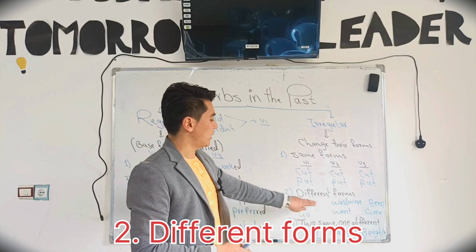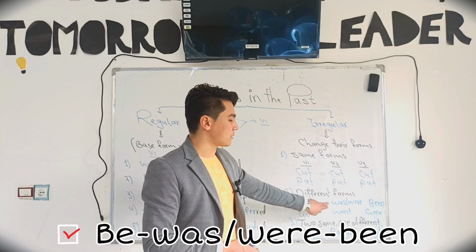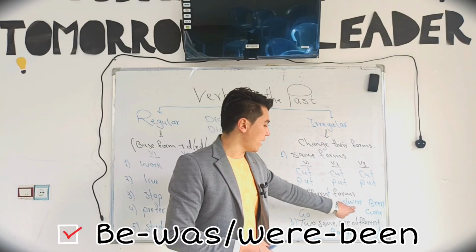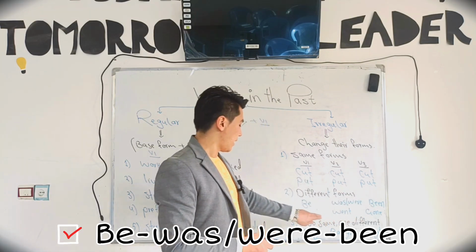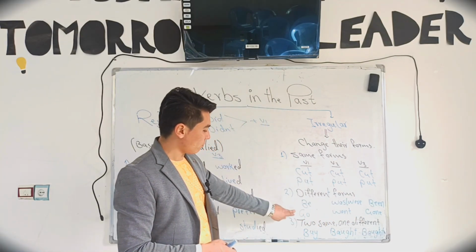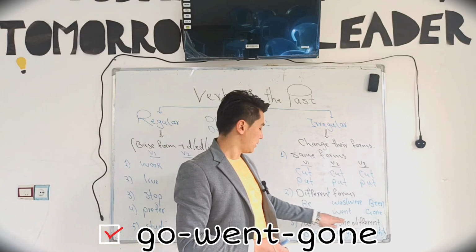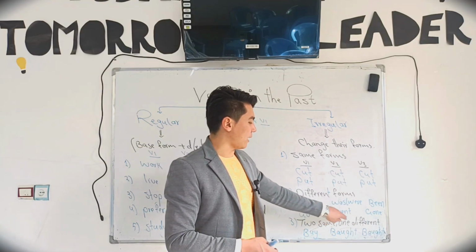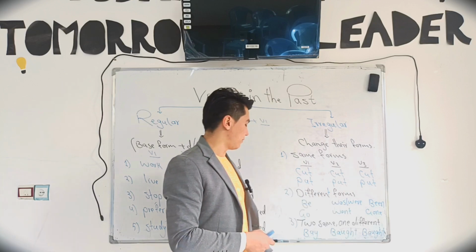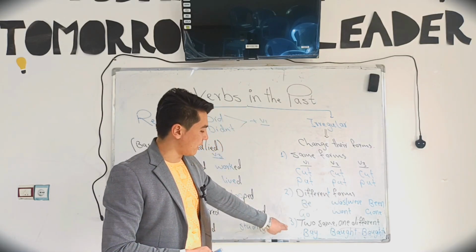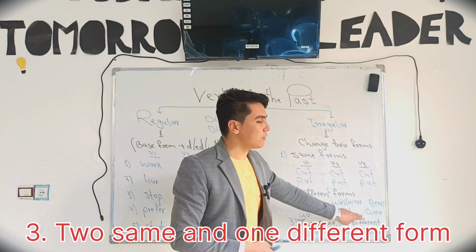For example, be: the past form is was and were, and the past participle form is been. And another example, go becomes went, and then gone. This is the base form, this is the second, and the last one is the third form.